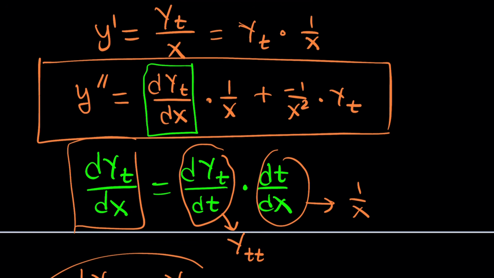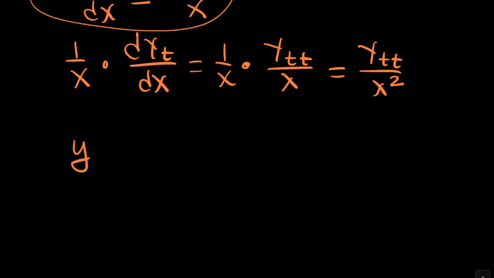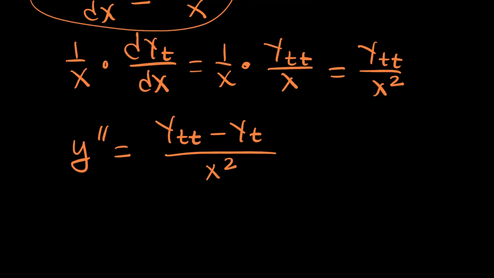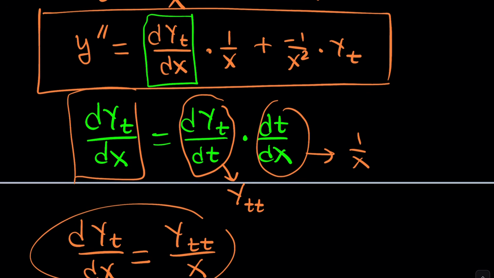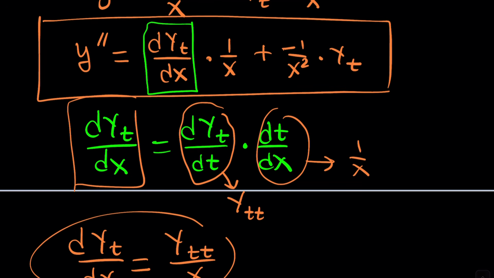And we needed this expression, so y double prime is just going to be big Y of tt minus big Y of t divided by x squared. Why? Because it's this expression minus the other expression. Remember that this is going to bring a minus sign.